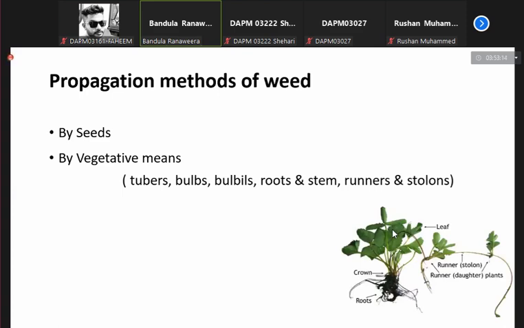Weeds are propagated by seeds, and almost all weed plants have not only one propagation method. Most of them have two propagation methods, propagation by seeds and propagation by vegetative means, using vegetative structures of the plant like tubers, bulbs, bulbils, roots and stems, runners and stolons.